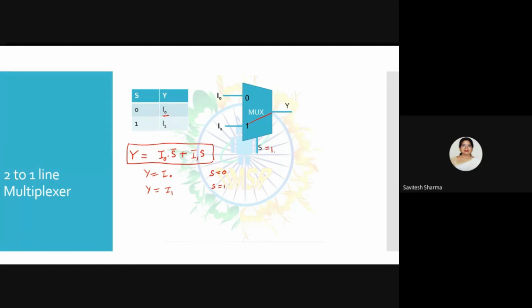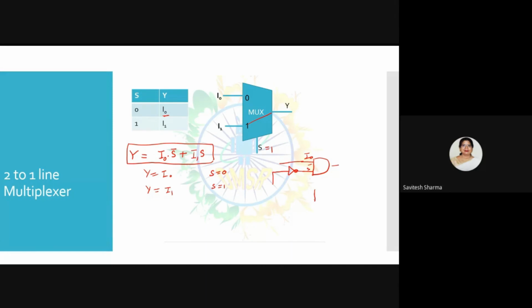Now come to the circuit. I will draw the circuit. You see here, this is SOP form, so one by one I will implement the terms using gates. It requires I0. So in the first AND gate, I will connect the input I0, and second is your S complement, which means you need an inverter.